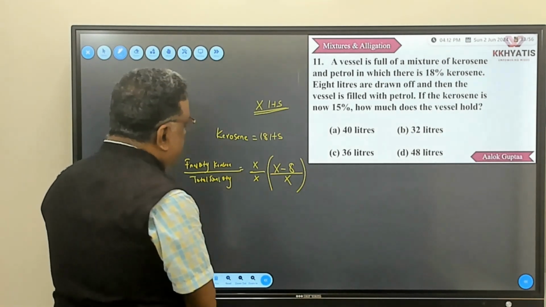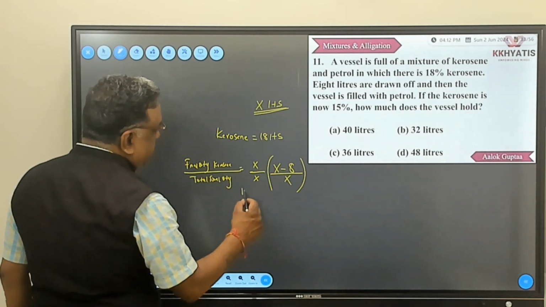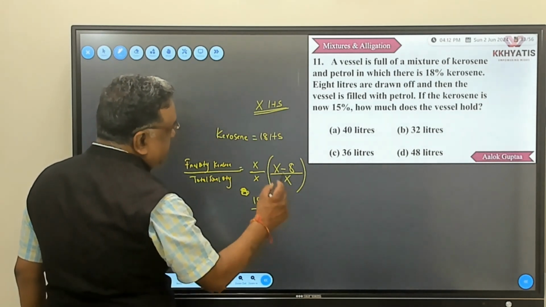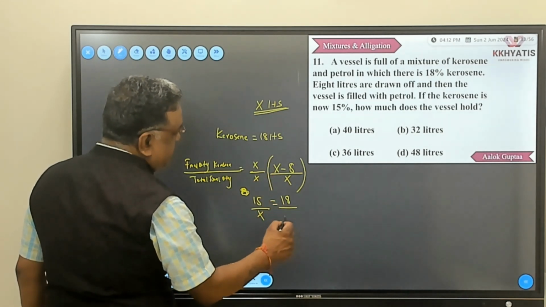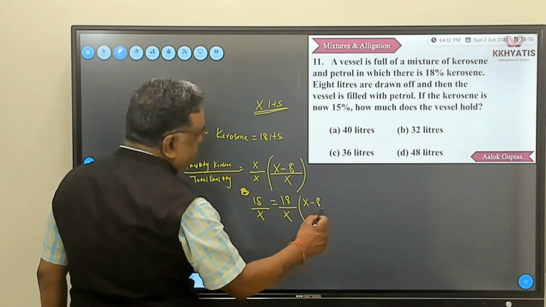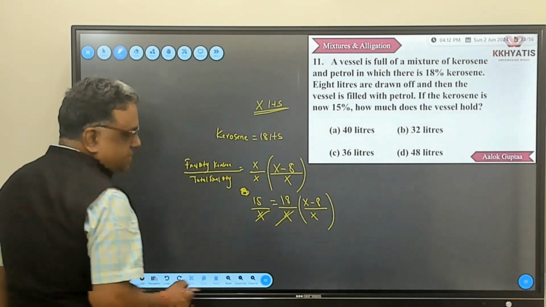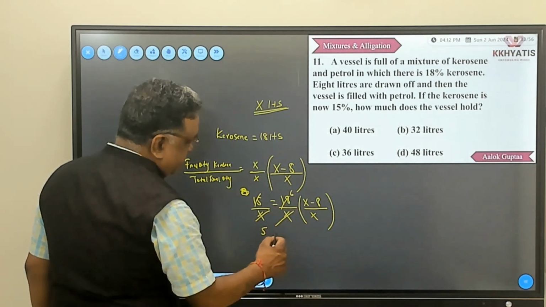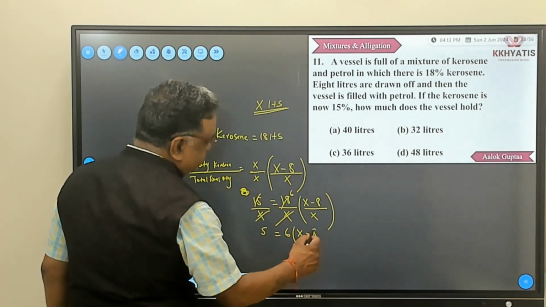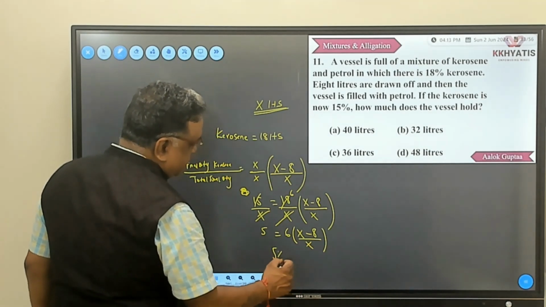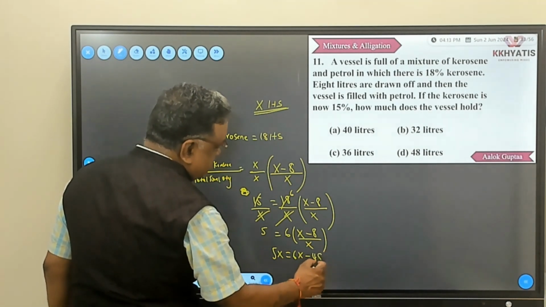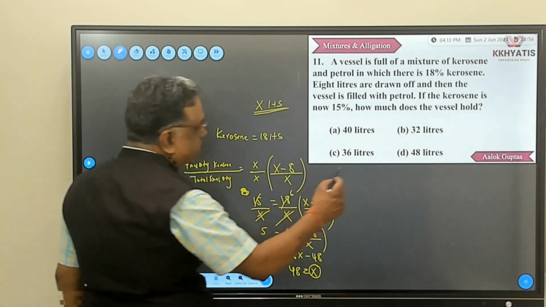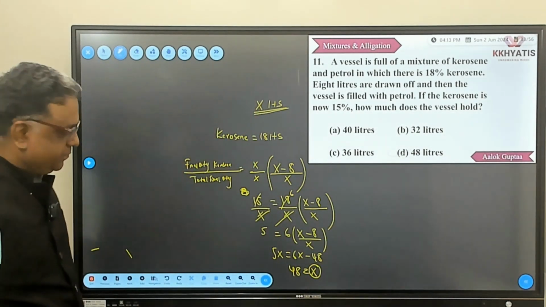So the ratio is: final was 15, initial was 18, here also it remains x minus 8 upon x. This x will get cancelled, which means this will be 5, this will be 6. So 5x is 6x minus 48. So the initial quantity that the vessel must be holding was 48 liters. Clear? Next.